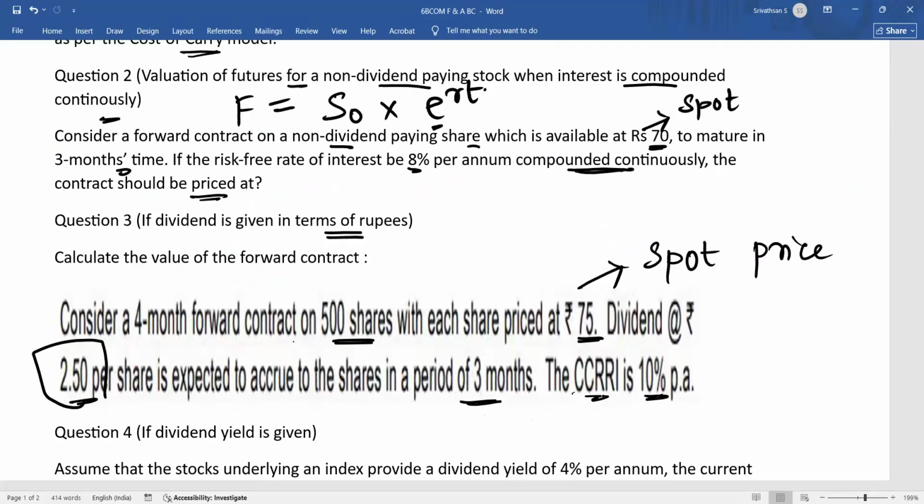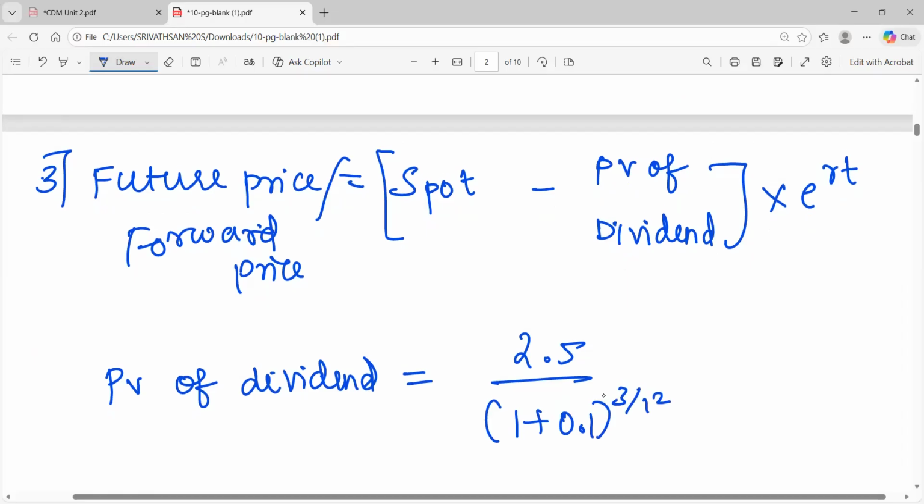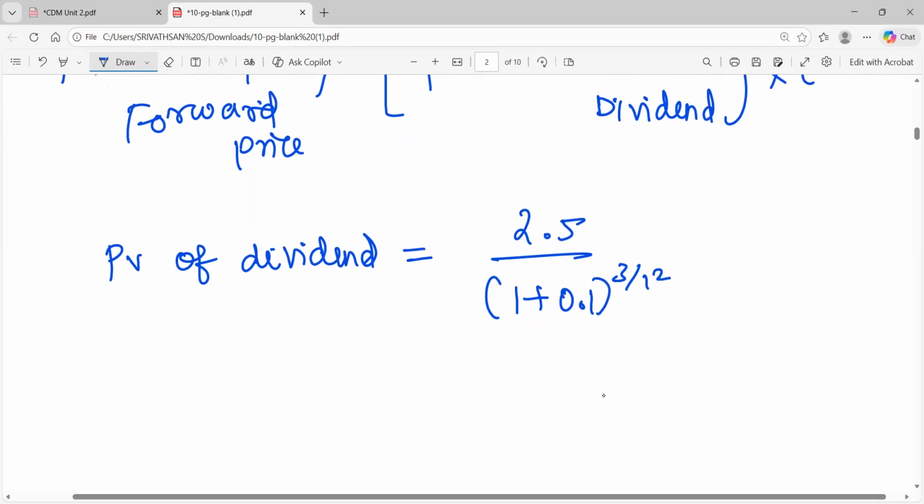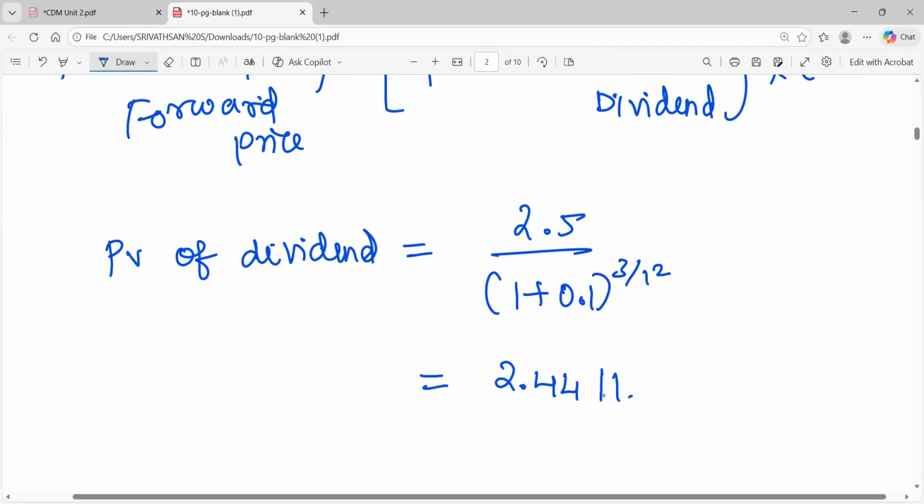What is R? 3 by 12. So what is the present value of the dividend? 2.4411. Everyone getting the same numbers? Is it clear so far?